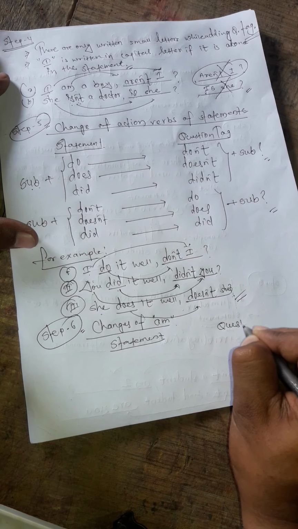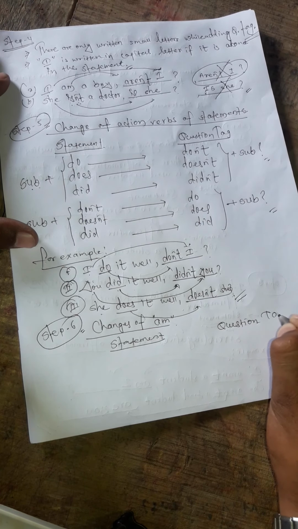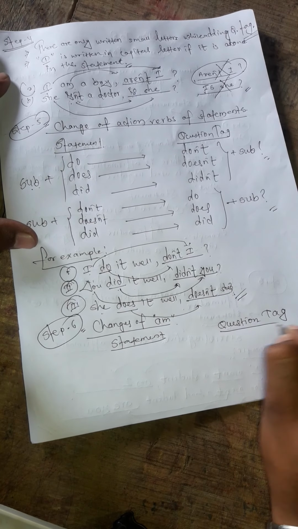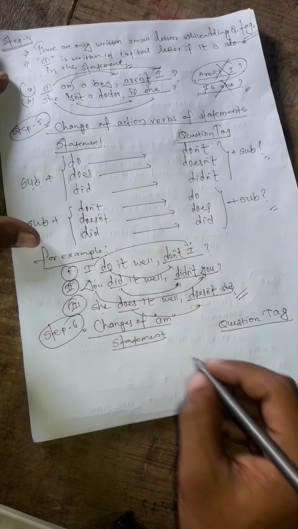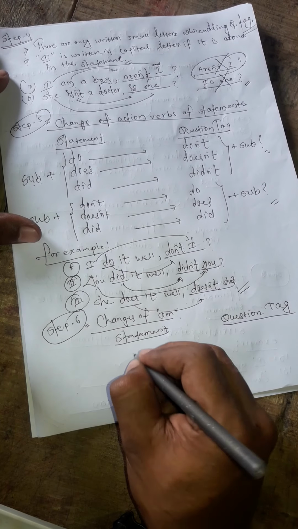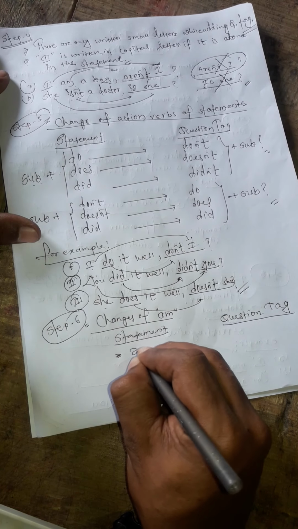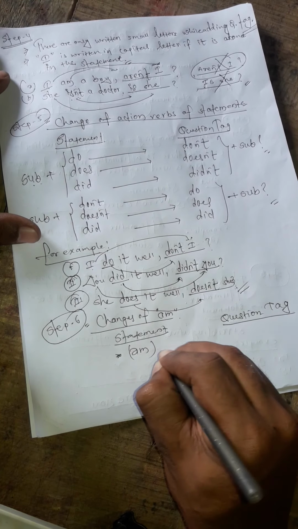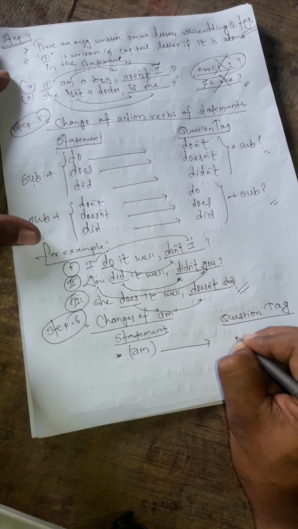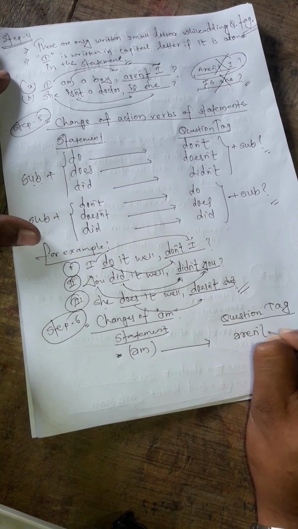Statement. If there is M in the statement, in the question tag it is changed into aren't.